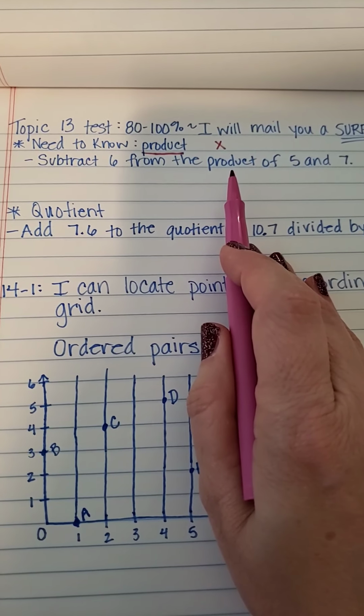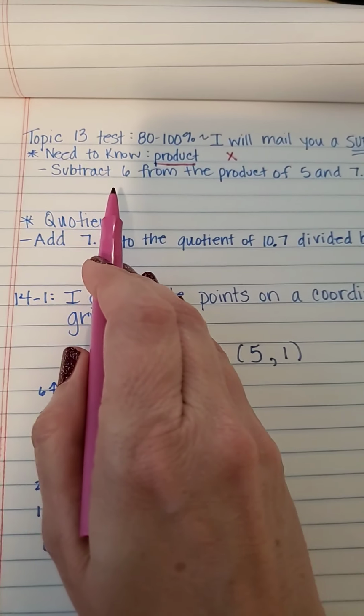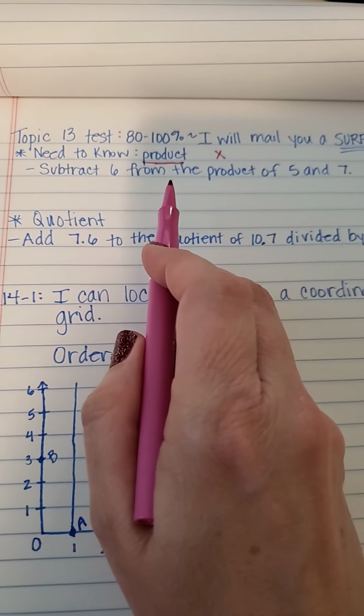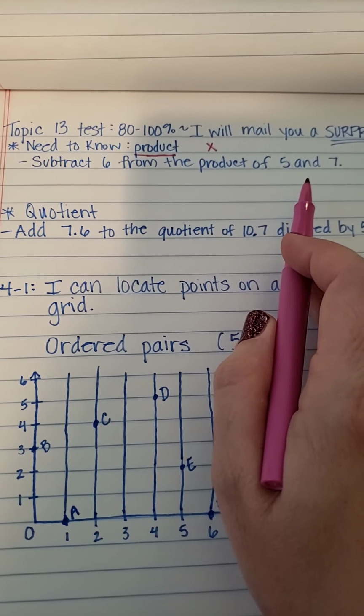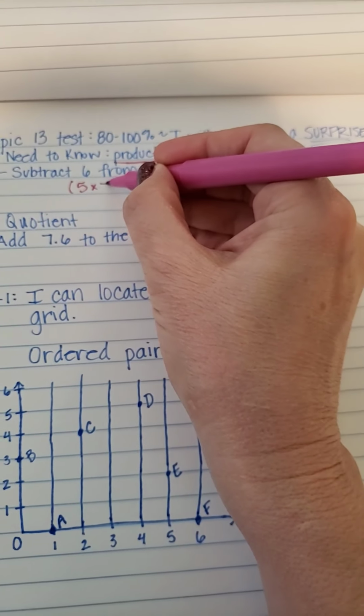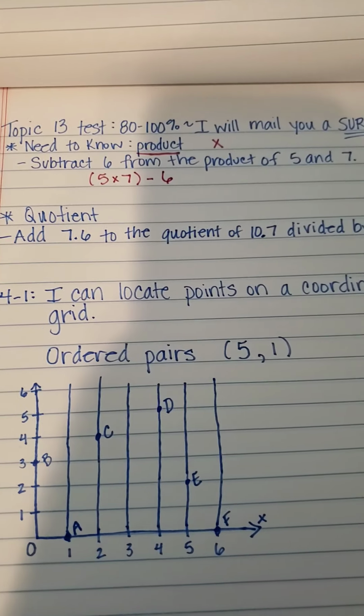So the product means you're going to multiply 5 times 7, and then you're going to subtract 6 from it. Subtract 6 from this product. So you could write it like this: 5 times 7 minus 6.